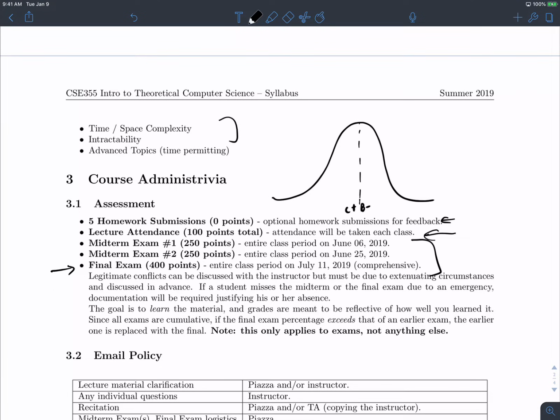Does that make sense? Anyone have any questions about that? I'm happy to answer any questions. So you're saying 85% and above is the A plus, or it might turn out to be that way? Did you just miss everything that I just said? No, I'm kidding.